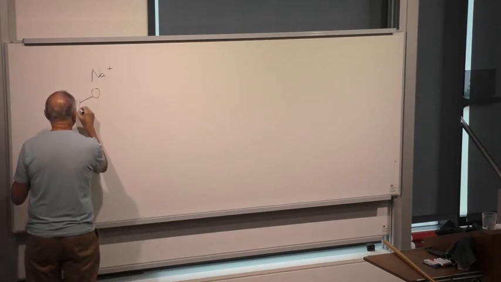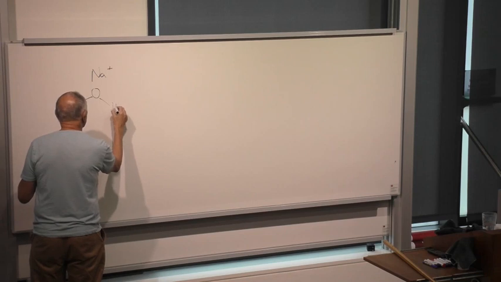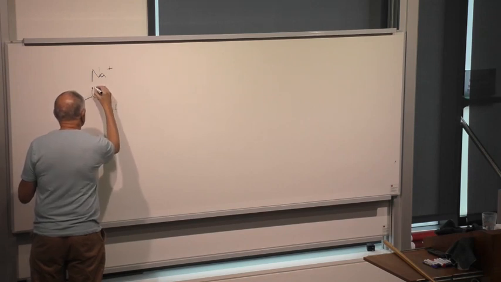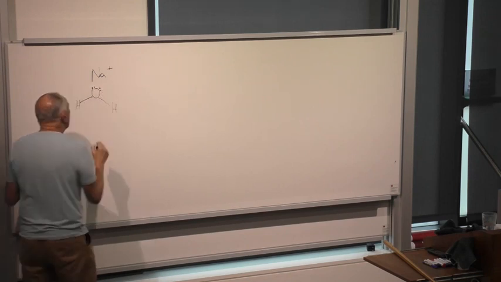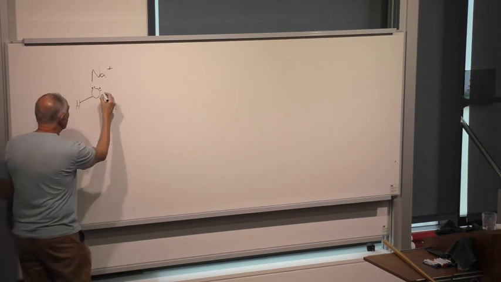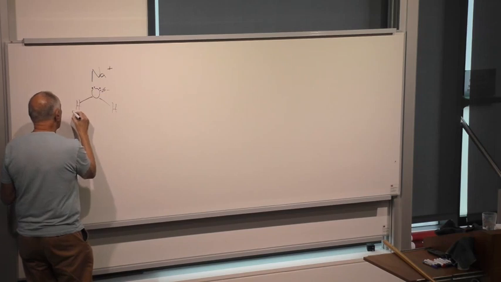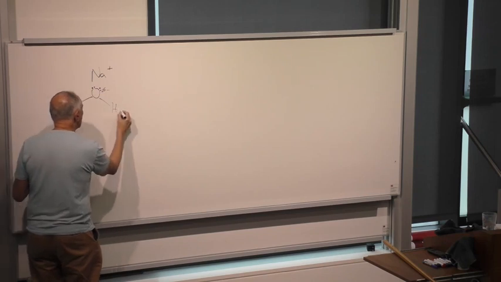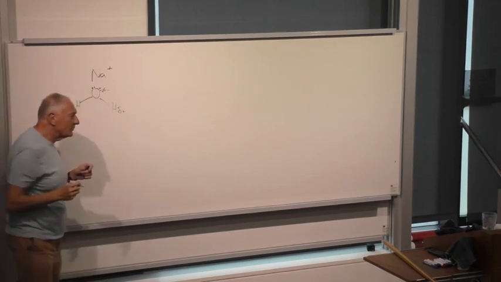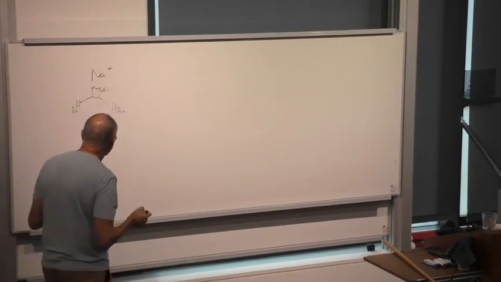And they point these lone pairs, two on each oxygen. And those electrons, of course, mean that you have a slight negative charge on the oxygens and a slight positive charge on the hydrogens, because, of course, the molecule as a whole is neutral.